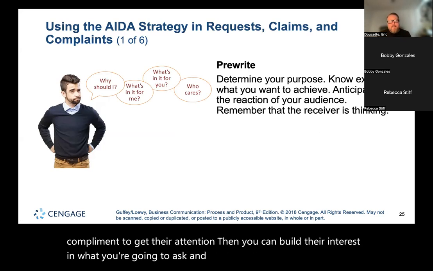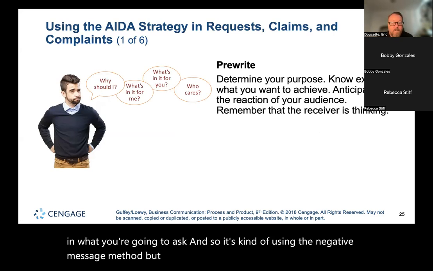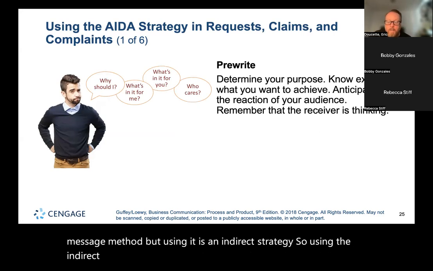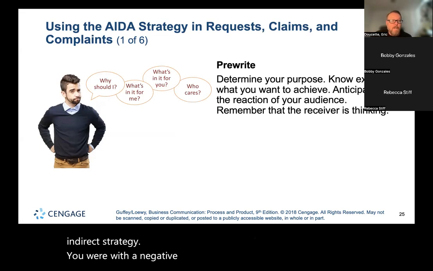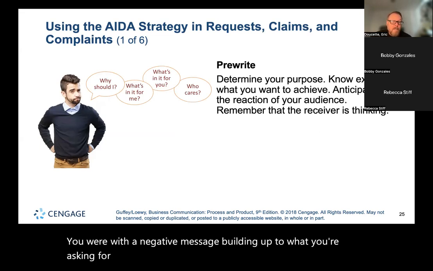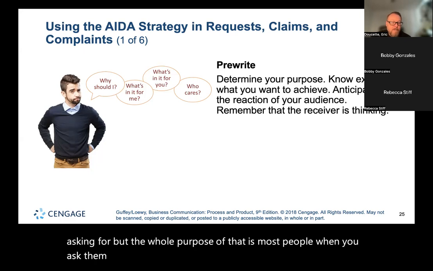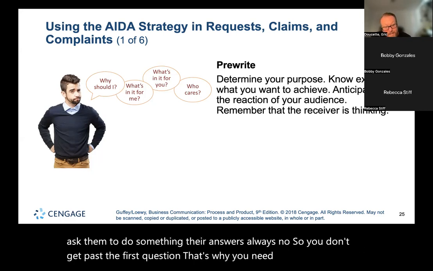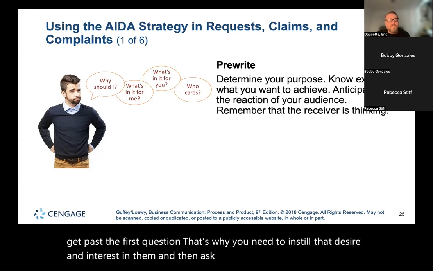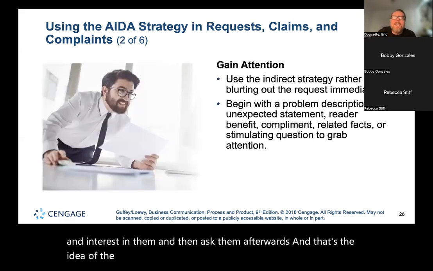It's kind of like the negative message method, using an indirect strategy, building up to what you're asking for. The whole purpose is that most people, when you ask them to do something, their answer is always no, so you don't get past the first question. That's why you need to instill that desire and interest in them and then ask them afterwards. That's the idea of the AIDA strategy.